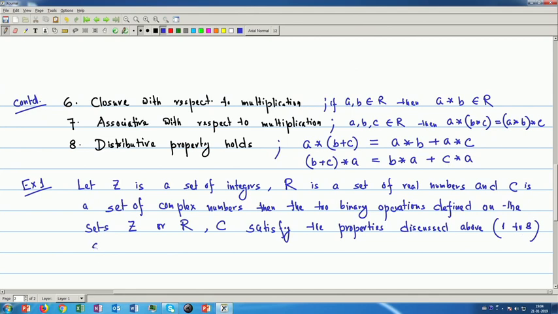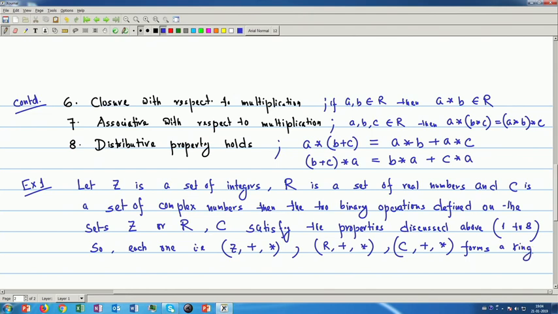So, each one, that means Z plus star, R plus star, C, the complex numbers, plus star, form a ring.